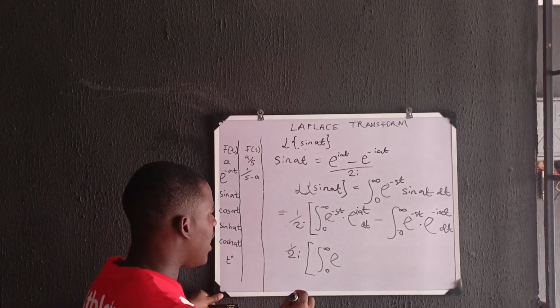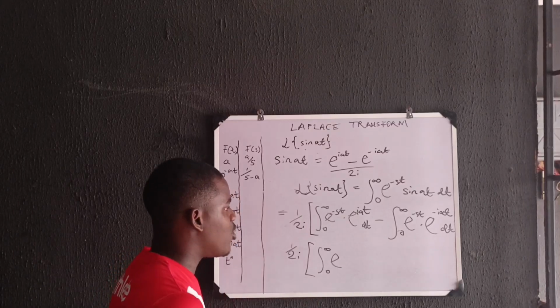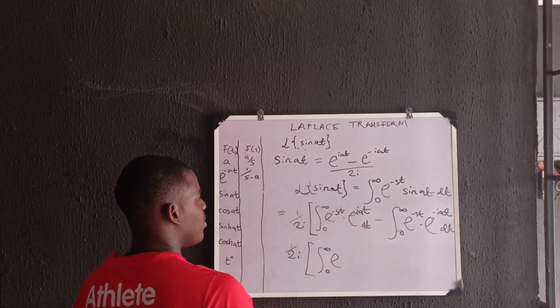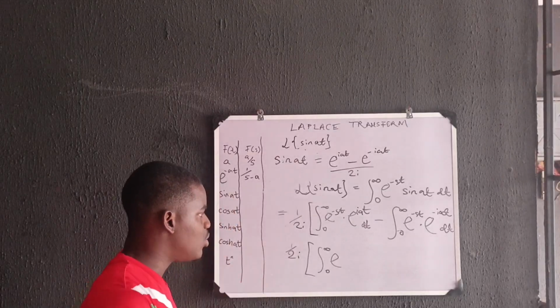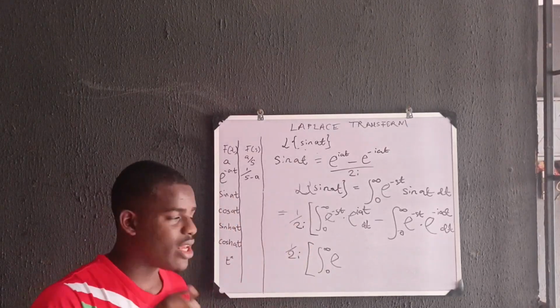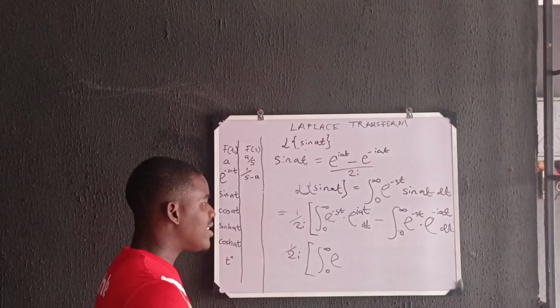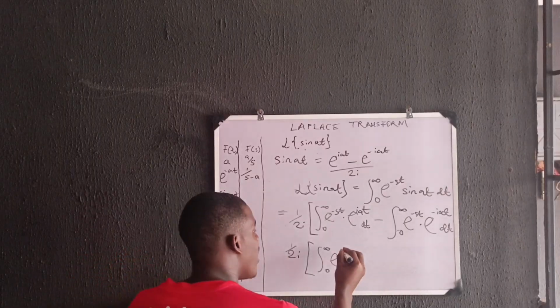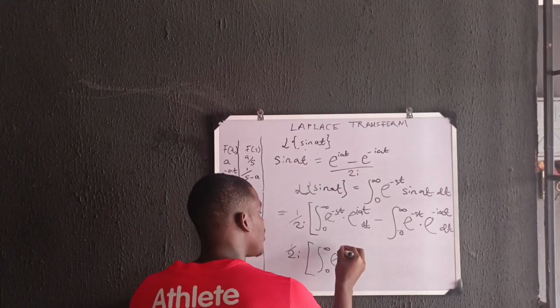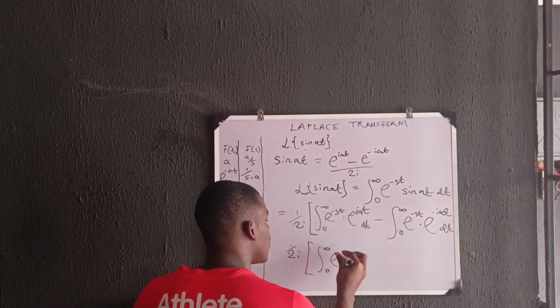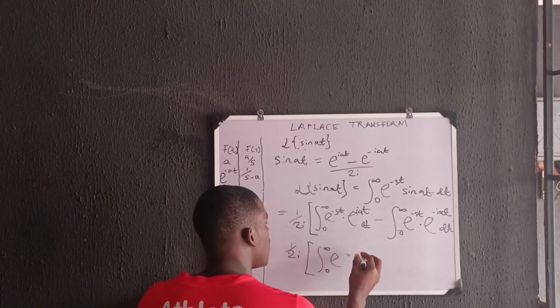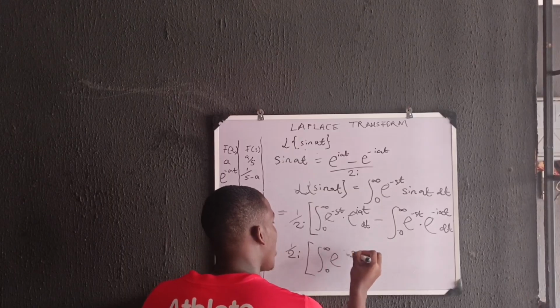If we are bringing our s to the front, you cannot say a minus s, right? You can't say a minus s in Laplace transform. s has to be in front, so you have to say s minus a. That is Laplace transform for you. So we are going to bring down minus. If we bring down minus, what happens? We are going to have s.